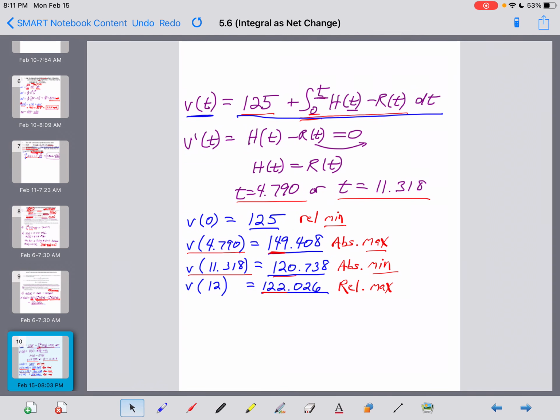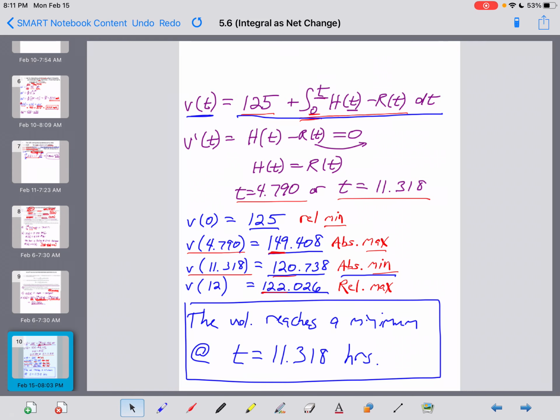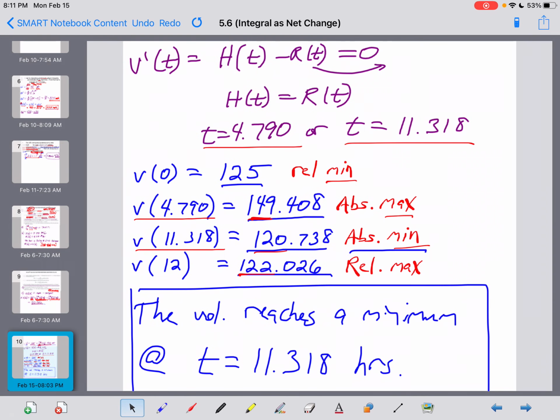We would have to say something like, the volume reaches a minimum at, and they wanted to know at what time, so that's right here, the absolute minimum, at t equals 11.318 hours. And that, finally, everybody, is the answer to that question. Volume reaches a minimum at t equals 11.318.